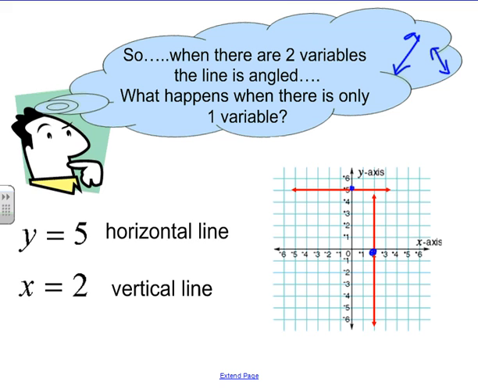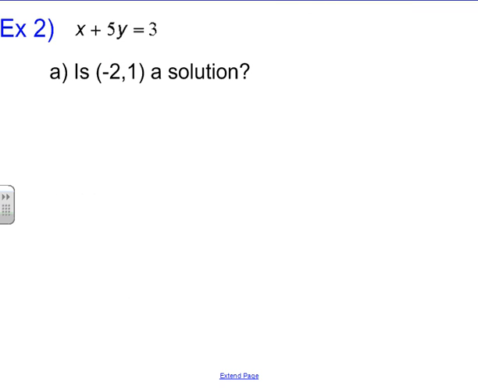All right, let's talk a little bit more about solutions. Let's go to example number 2 and write down x plus 5y equals 3. We're going to determine whether negative 2, 1 is a solution. We could graph it like in example 1 to see if it's on the line, but there's an easier way.